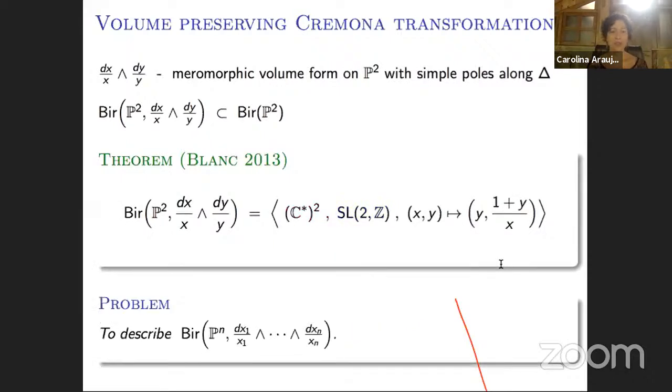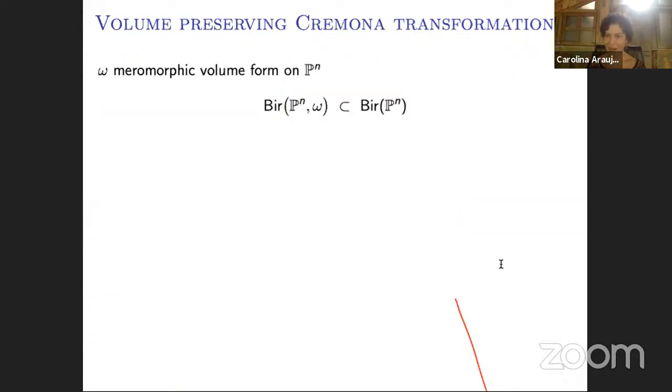A natural problem that arises is to generalize this to higher dimensions and describe the group of birational transformations of Pn that preserve the natural volume form of the torus. This is an open problem.